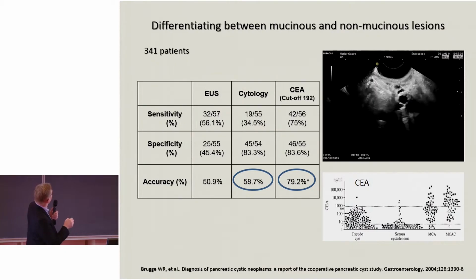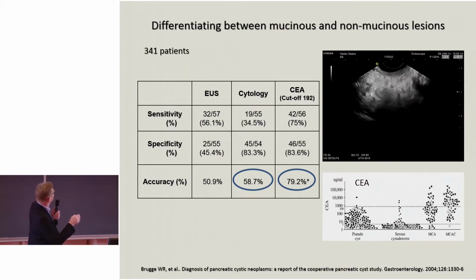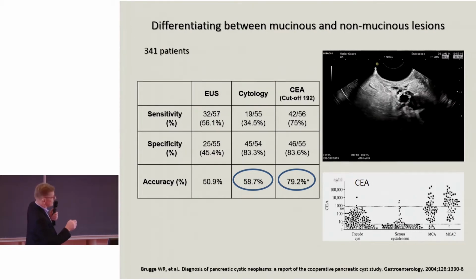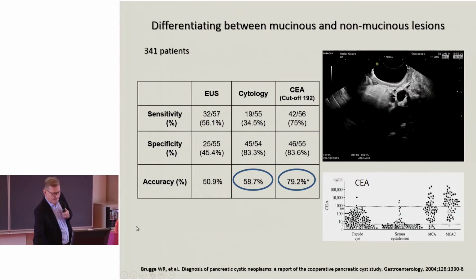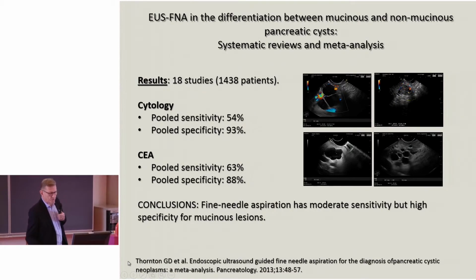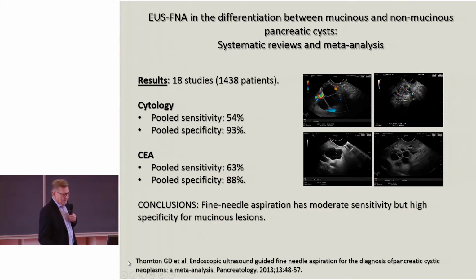And what we saw here was that for cytology the accuracy is not very high, whereas CEA, with a cutoff of 192, has a better accuracy. This has been confirmed also in systematic reviews.